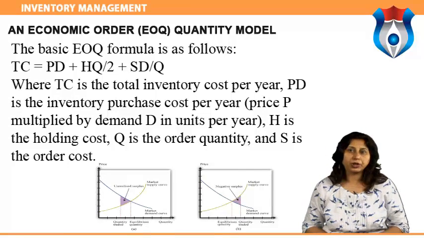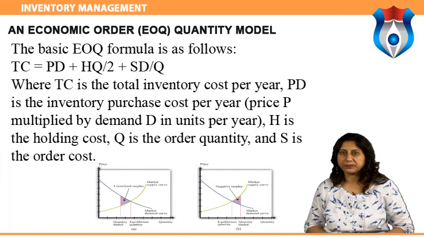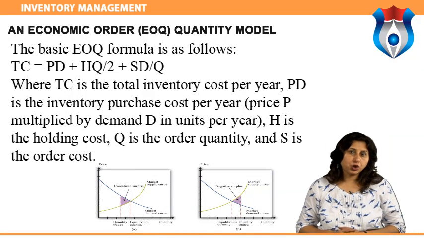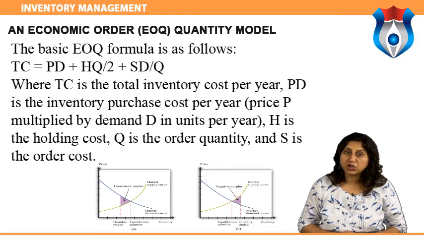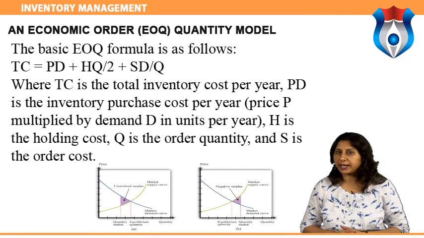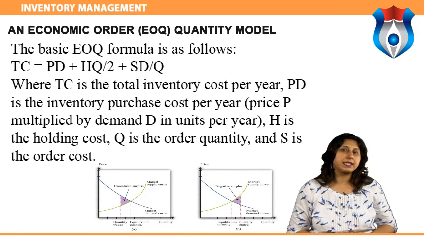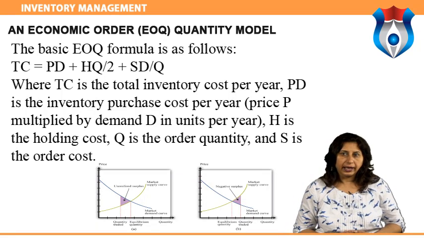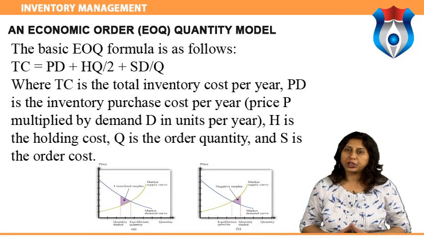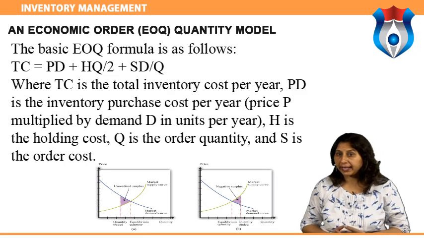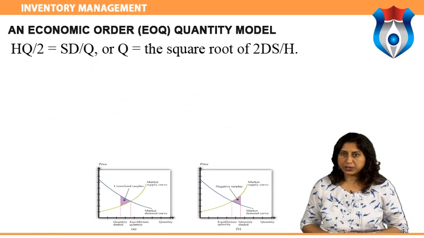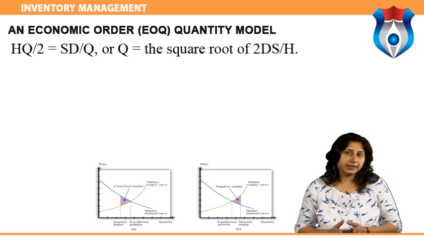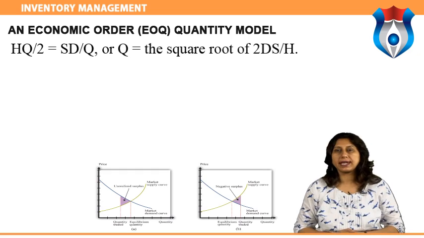The basic EOQ formula is as shown, where TC is the total inventory cost per year, PD is the inventory purchase cost per year, price P multiplied by demand D in units per year, H is the holding cost, Q is the order quantity, and S is the order cost. HQ/2 is equal to SD/Q, or Q is equal to the square root of 2DS/H.